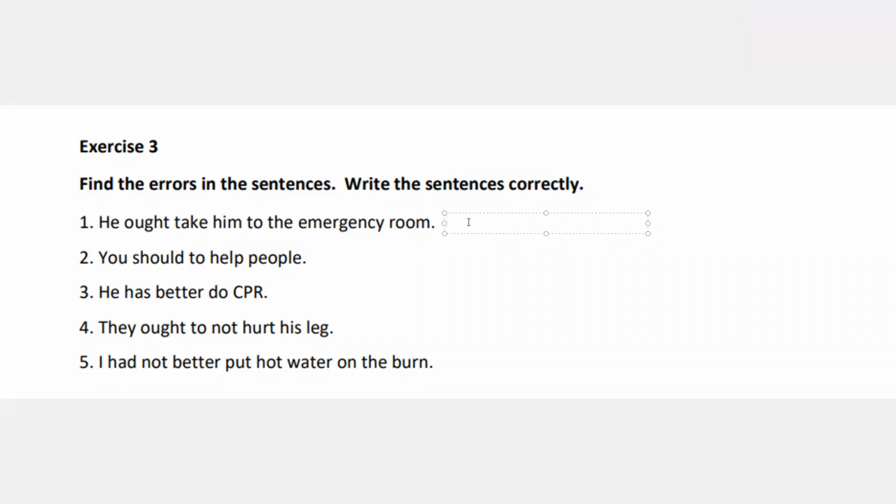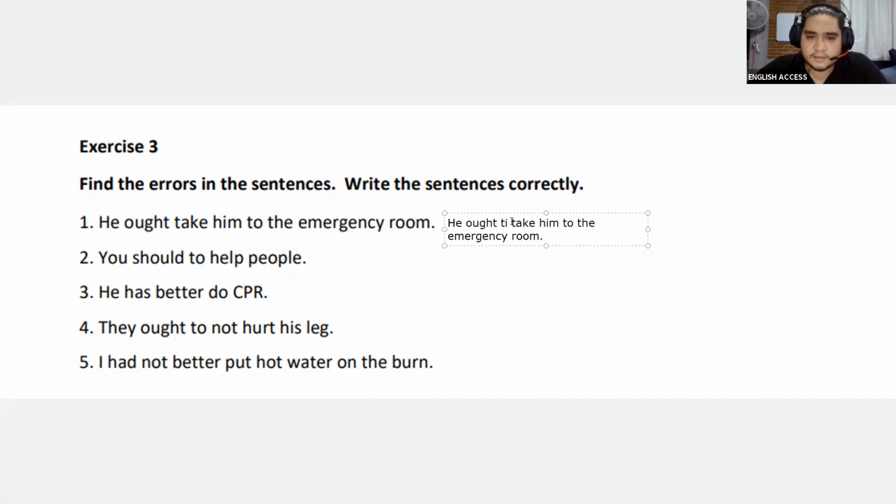He asked him to take him to the emergency room. He ought to take him to the emergency room. Very good.